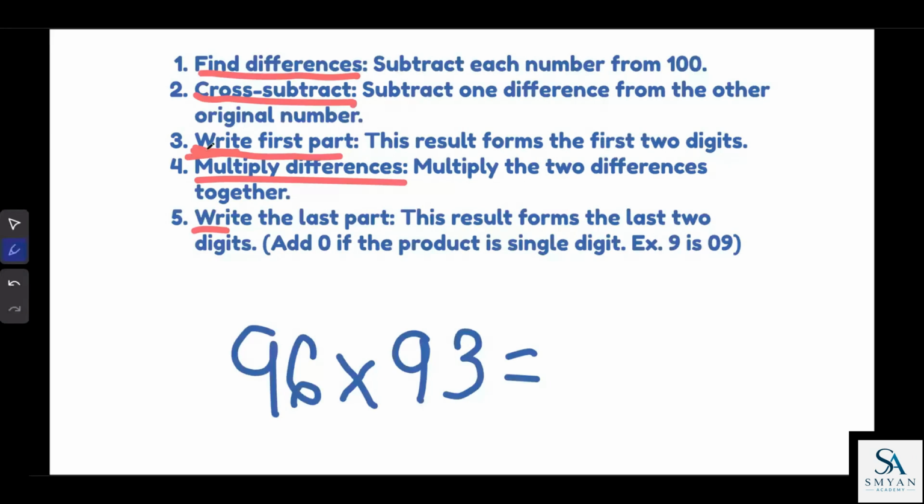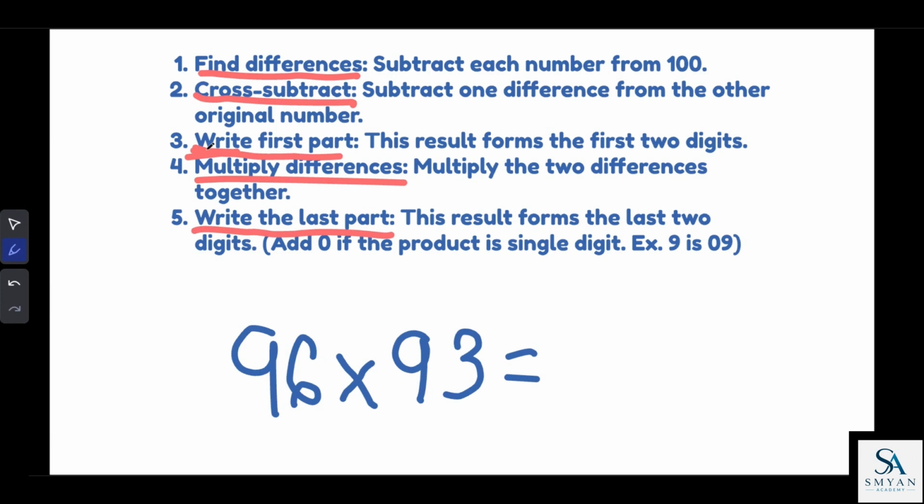Finally, you write the last part, which is the product you got from the differences. There is also a special consideration, like I mentioned in my other videos: if you have a single digit, you want to add a 0. So if you have 4, you want to put 0, 4, because you can't write one digit and it'll just mess up the whole trick.